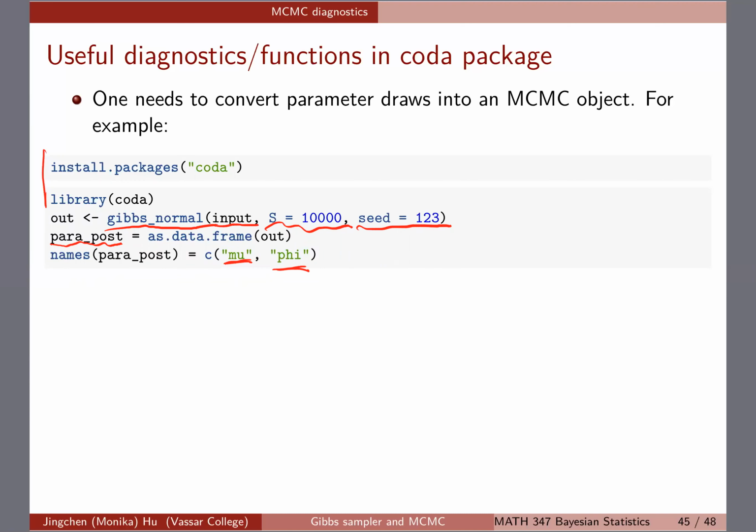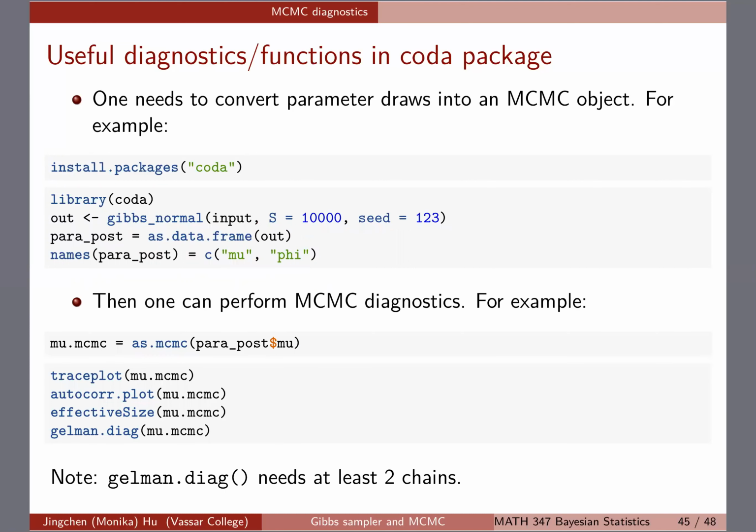The only new thing here is to make sure that you download, install, and then load the CODA package. This package contains all of the MCMC diagnostics functions that we covered. Down here, this is how you can use those functions.